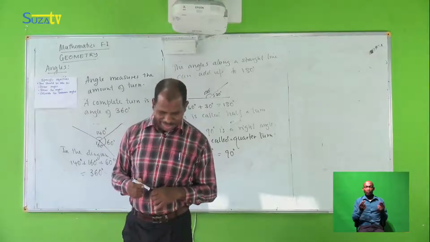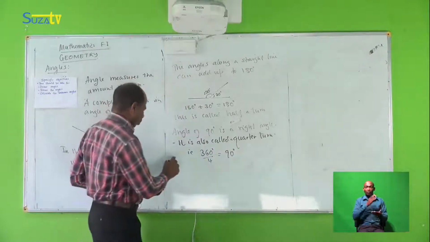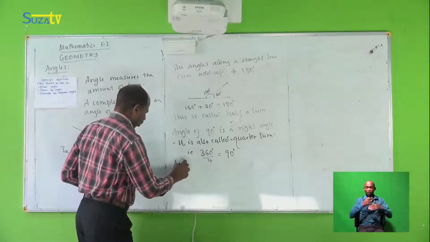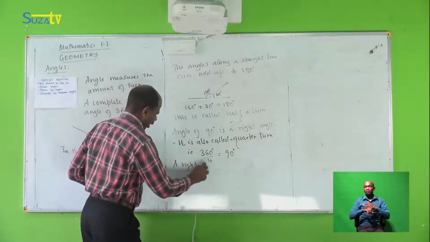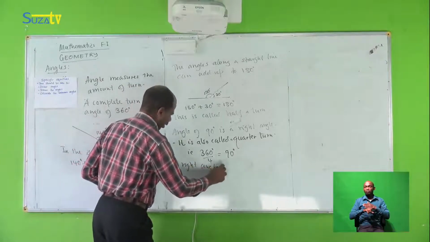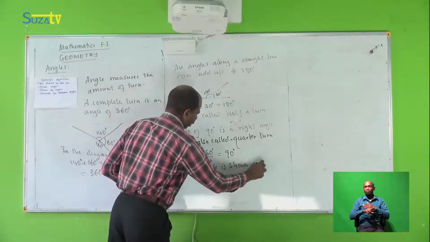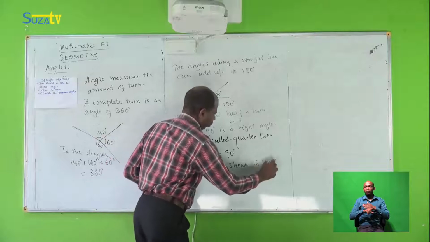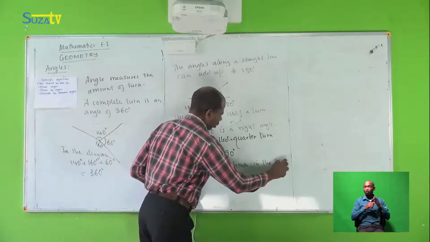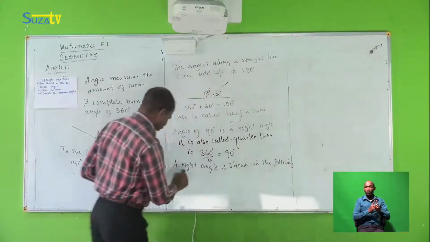And a right angle is shown in the following symbols.